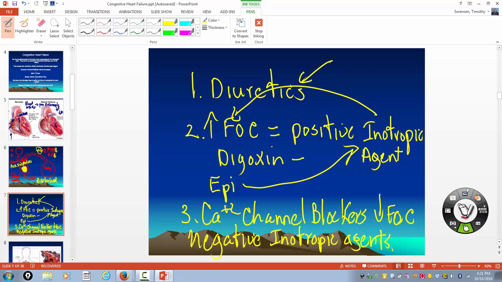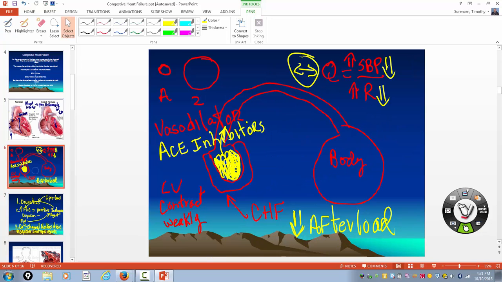Venous return to the heart. So diuretics decrease preload on the heart. They decrease the stretch of the heart. What do vasodilators do? They decrease the resistance to arterial blood flow. So in CHF, you want to decrease the afterload and decrease the preload on the heart. And those are the medications used to treat CHF.